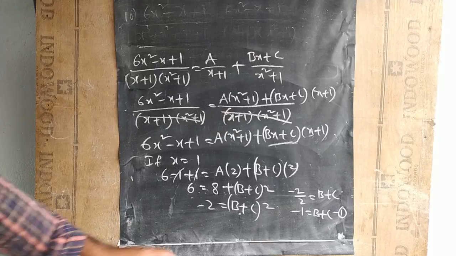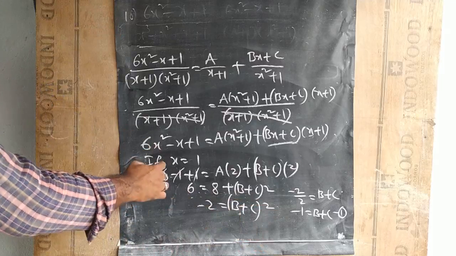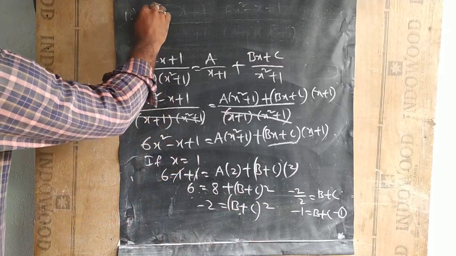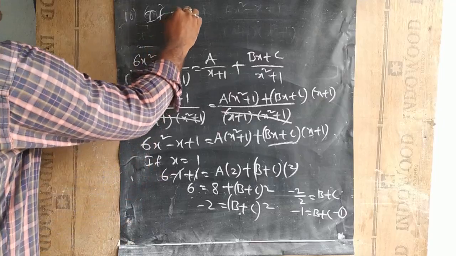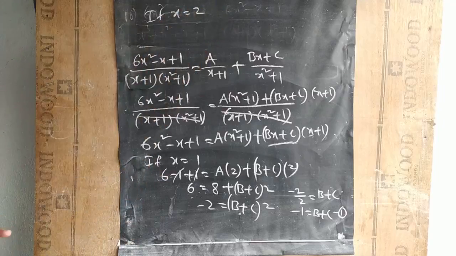Now, we have substituted x equals 1 completely. Already -1 is also completed. Let us substitute another value. Let us take it as plus 2.